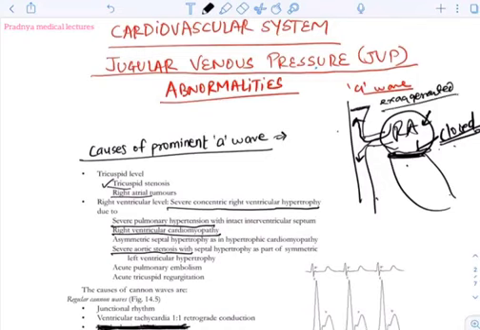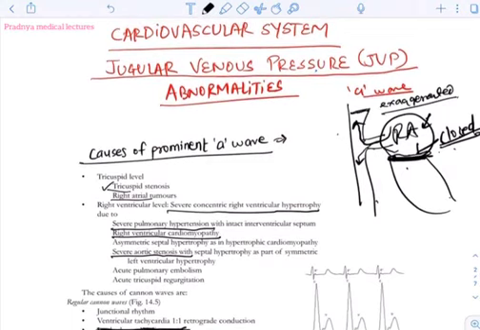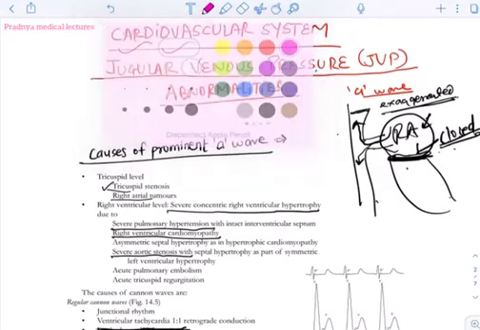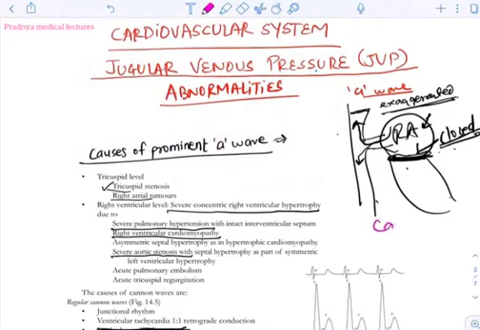Which are the conditions where the atria will contract against a closed ventricle? It may be a conduction problem because of which it is contracting. In that case the A waves are exaggerated and we term them Cannon A waves. So what is the reason?